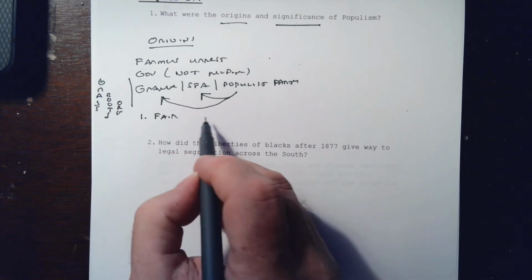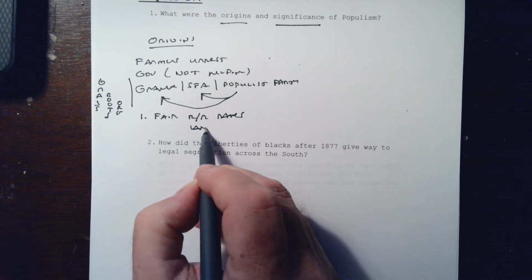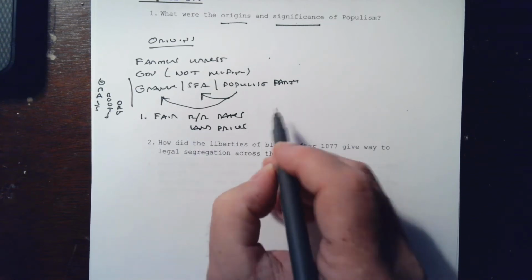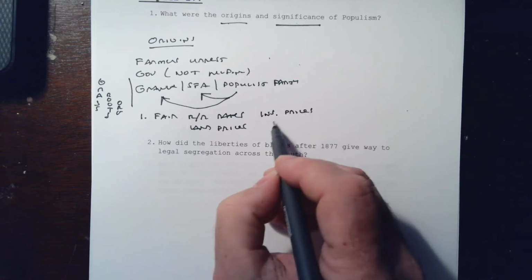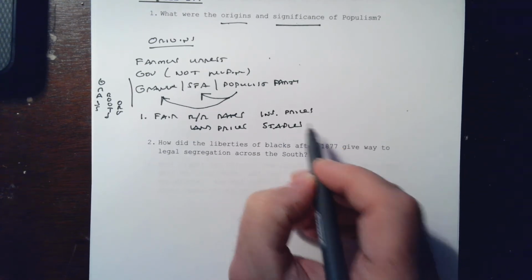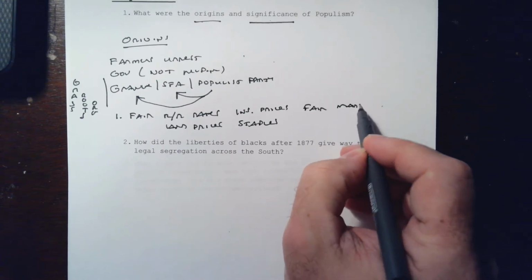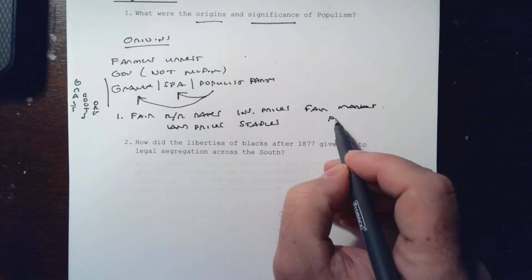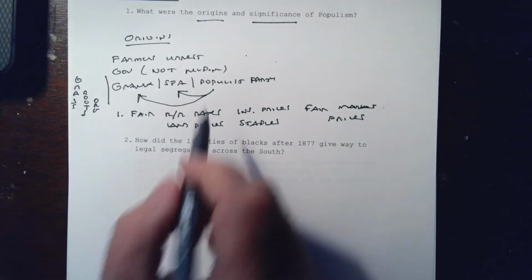Fair railroad rates and prices, insurance prices, staples, and fair market prices. In other words, when they take their stuff to market, they deserve to get a decent price for their product.